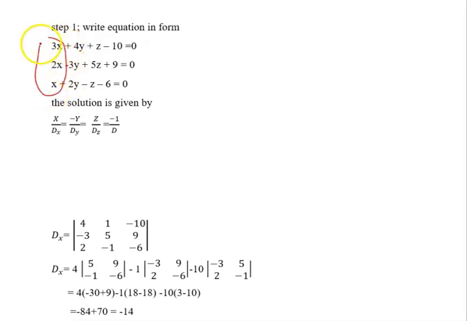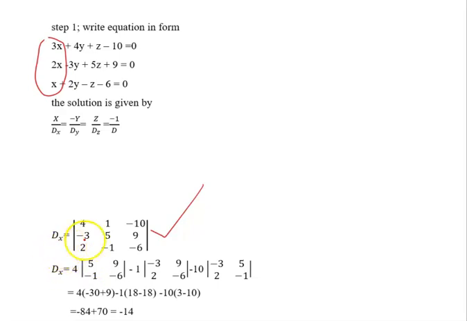So we are left with 4, -3, -2 as our first column. Then the second column we have 1, 5, -1. Then the last column we have -10, 9, 6. So we'll have this one.